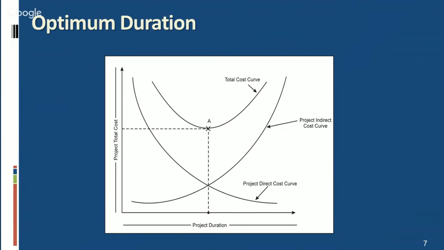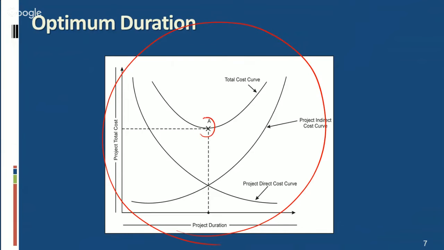Now, optimum duration. Total project cost is the sum of direct as well as indirect cost. In the case of direct cost varies with the project duration time, the project cost would have the shape like this.